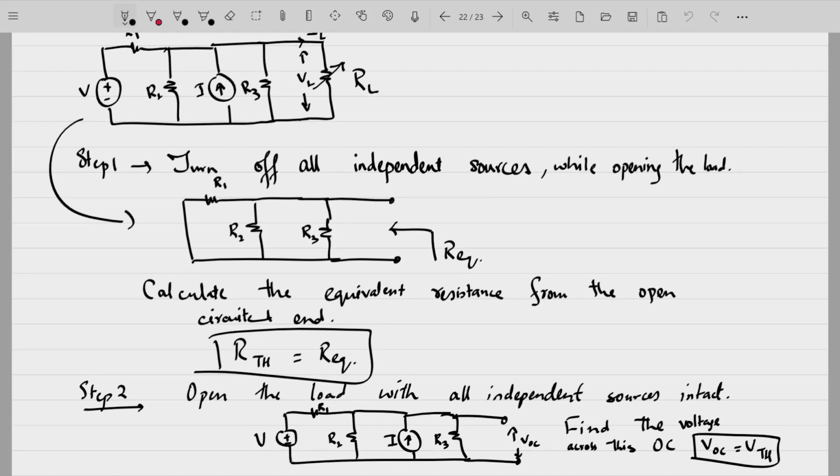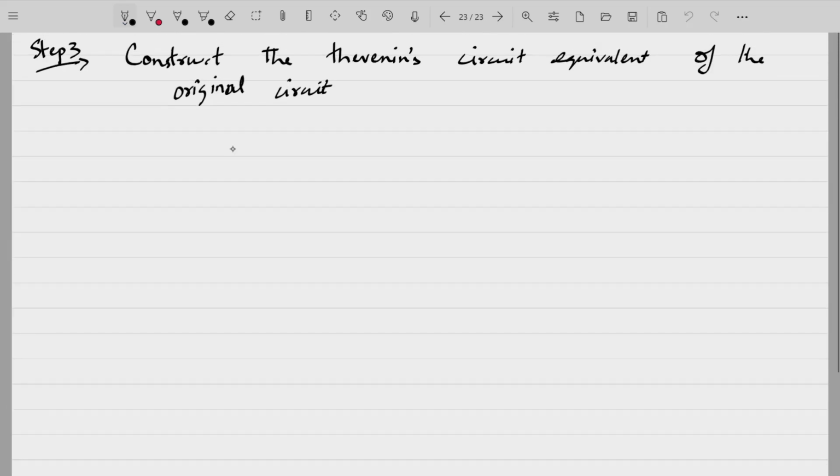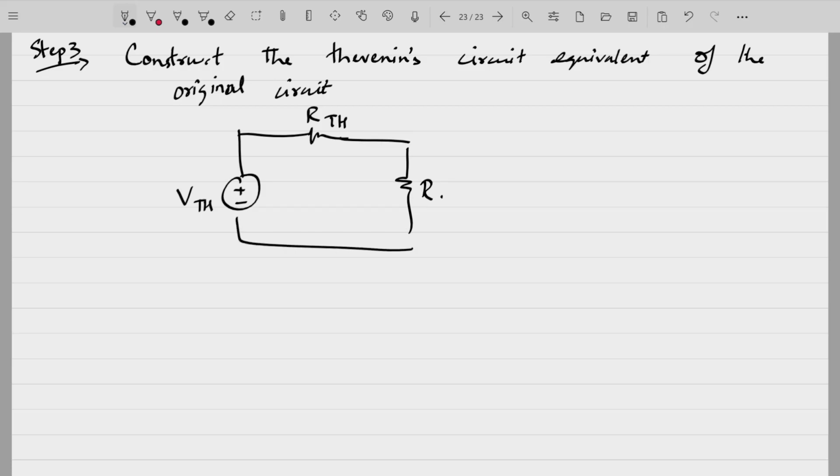You have calculated RTH, you have calculated VTH. Now construct the Thevenin's equivalent circuit, that is simply VTH in series with RTH in series with your load resistance. So now you may be asked to find out current or voltage across this particular resistance. So you can do that now easily.